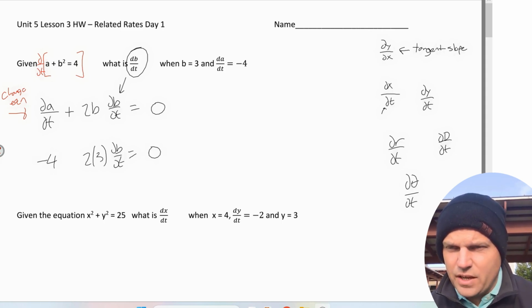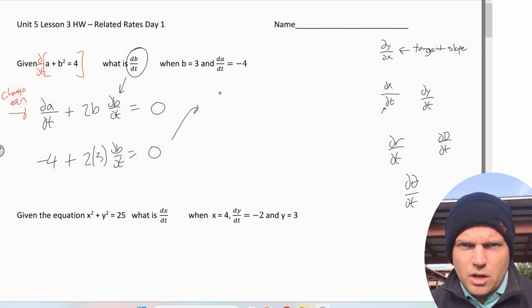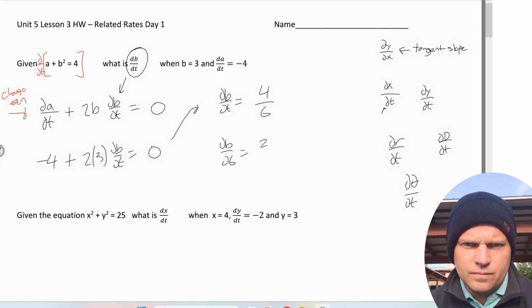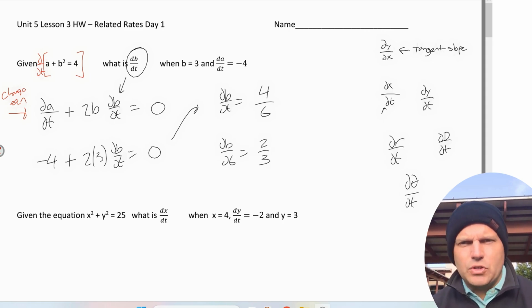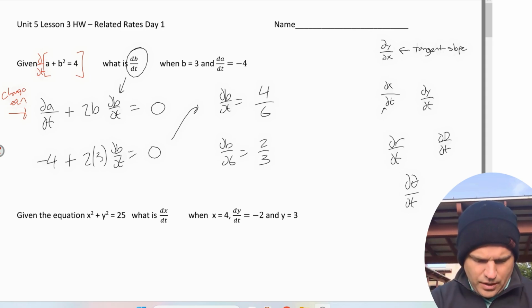Sorry, dA dt is -4. I don't know where 2 came from. And we'll just algebraically solve. Add the 4, divide by the 6. And it's 2/3. 2/3 what? Units per second, units per millisecond. It doesn't matter. Right now, we're just getting used to things.